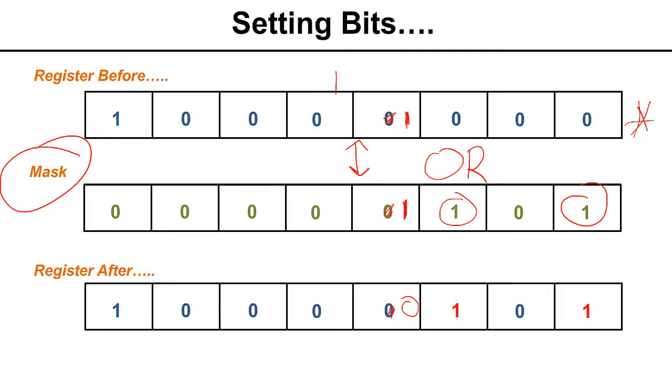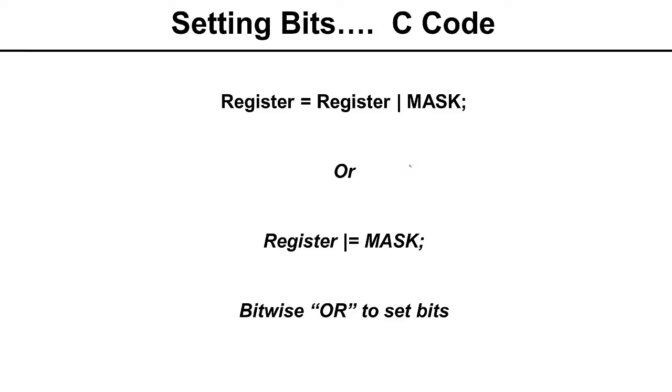Notice in this case 1 ORed with 1 is 1. We get rid of this goofy carry, and that's correct. That leaves that bit set, and so on and so forth. So setting bits is ORing, a bitwise OR.